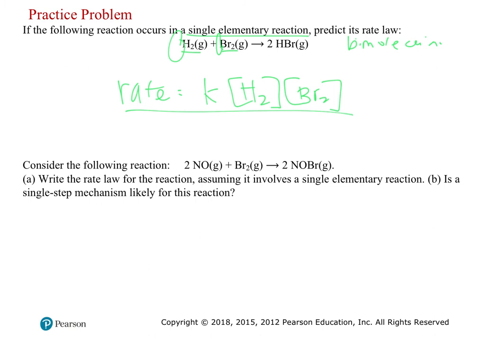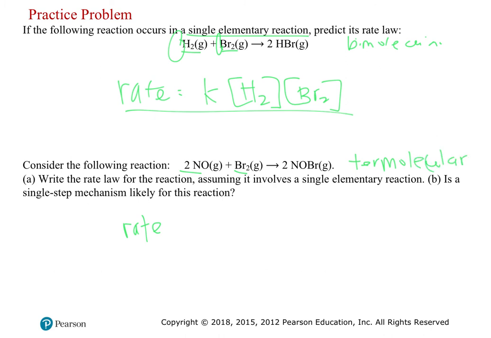Okay, in this reaction here, it's the same one. We have 2 nitrogen monoxide plus bromine goes to nitrosyl bromide. Write the rate law for the reaction assuming it involves a single elementary reaction. And is it likely? So again, if it happened in a single step, we know we have 2 molecules plus 1 molecule, so it would be termolecular.